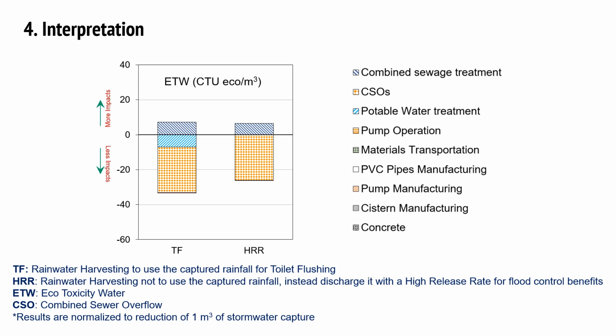For HRR, since water is not being used indoors, there is no need for potable water treatment, and only CSOs are detracting from the impact of ecotoxicity to water. So it can be interpreted from the graph then that the better option would be to use rain harvested water for toilet flushing.